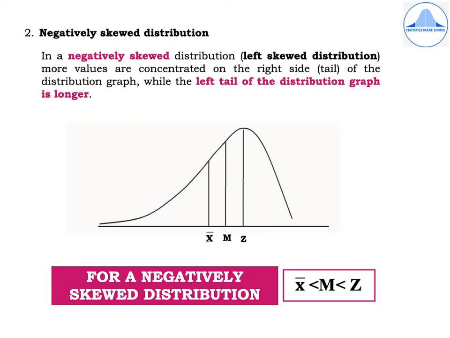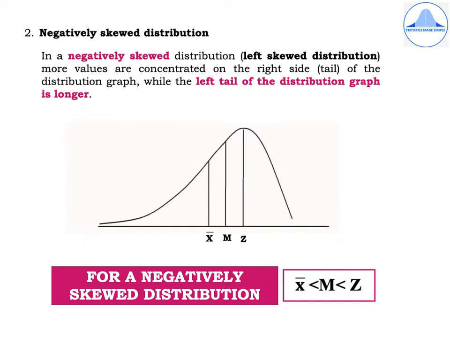The negatively skewed distribution. In a negatively skewed distribution, which is also called a left skewed distribution, more values are concentrated on the right side or the right tail of the distribution graph, while the left tail of the distribution graph is longer. So, in simple words, for a negatively skewed distribution, the left tail is longer than the right tail.